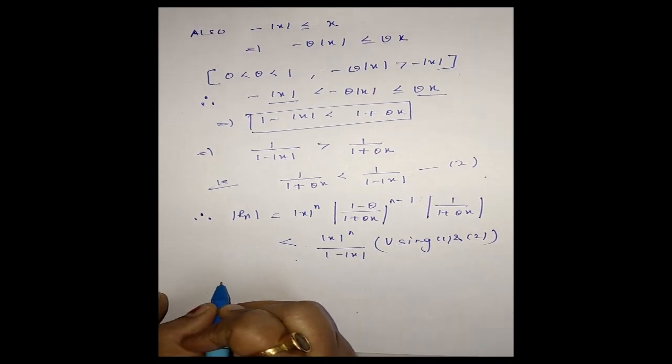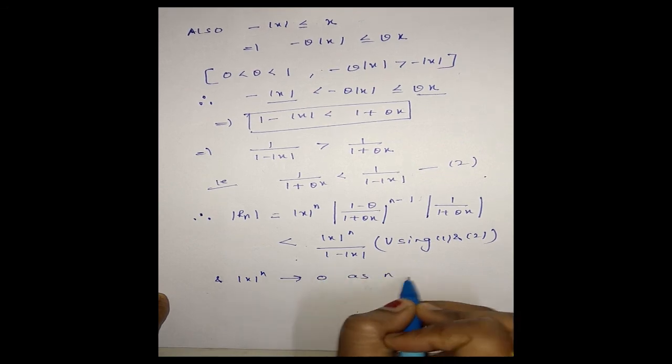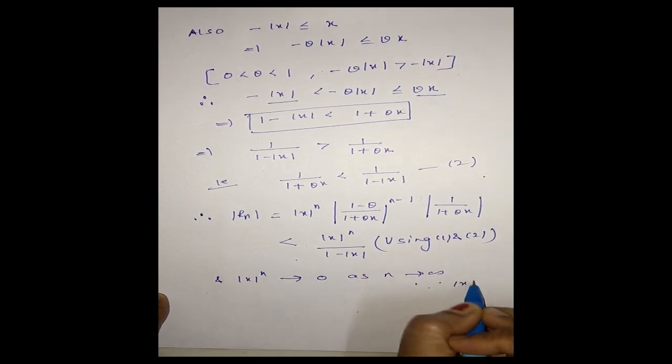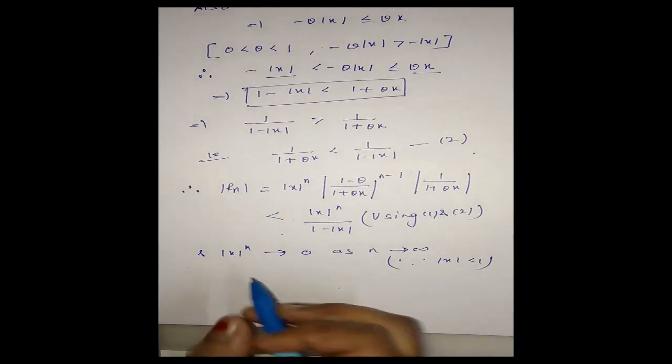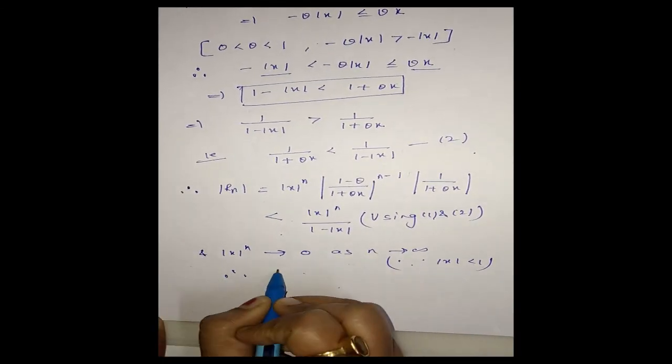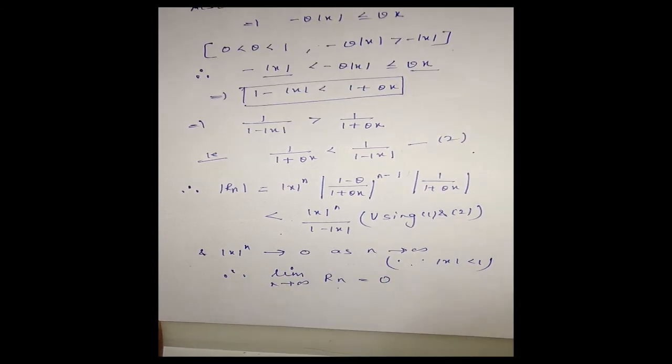Now mod x^n tends to 0 as n tends to infinity, since mod x is less than 1, therefore limit n tending to infinity Rn is equal to 0.